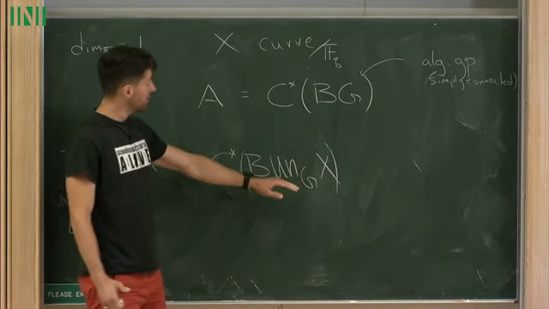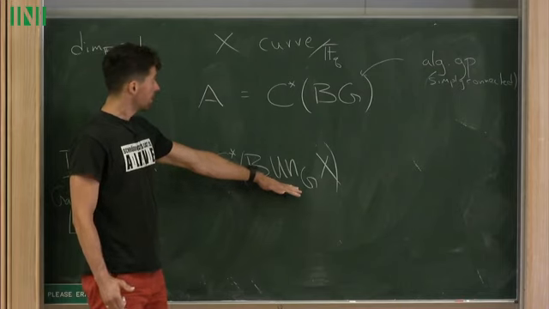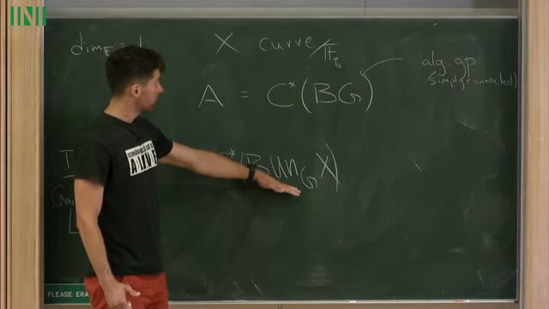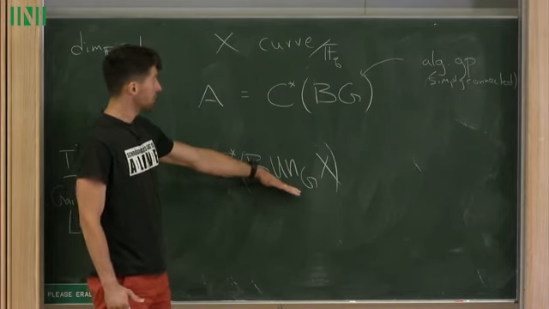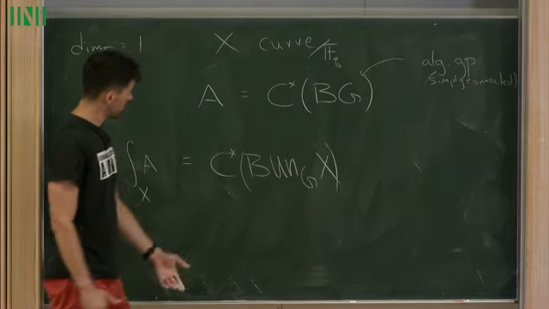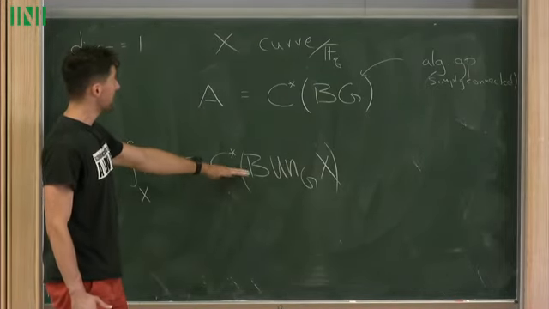Try to classify just what the points of this thing are. What are G-bundles on X, or try to understand that by understanding what the cohomology of it is.